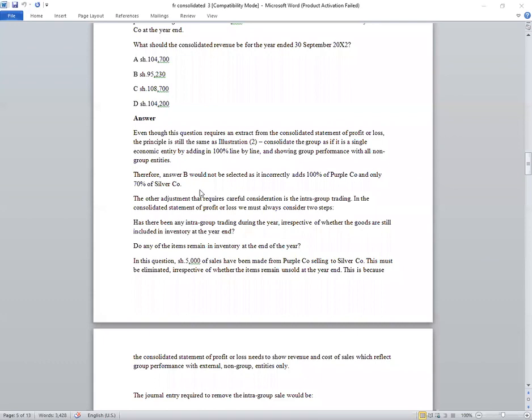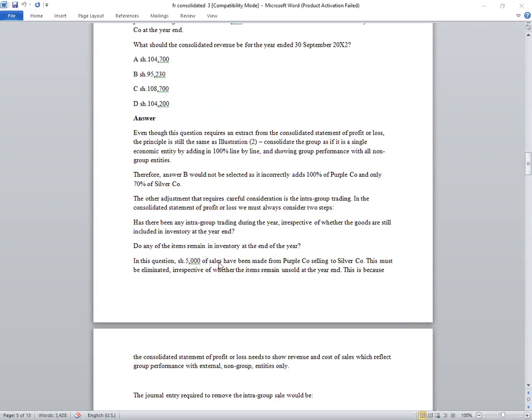The other adjustment that requires careful consideration is the intra-group trading. In the consolidated statement of profit or loss, we must always consider two steps. Has there been any intra-group trading? Do we have the parent and subsidiary selling goods between themselves? Irrespective of whether the goods remain in inventory at the year end.